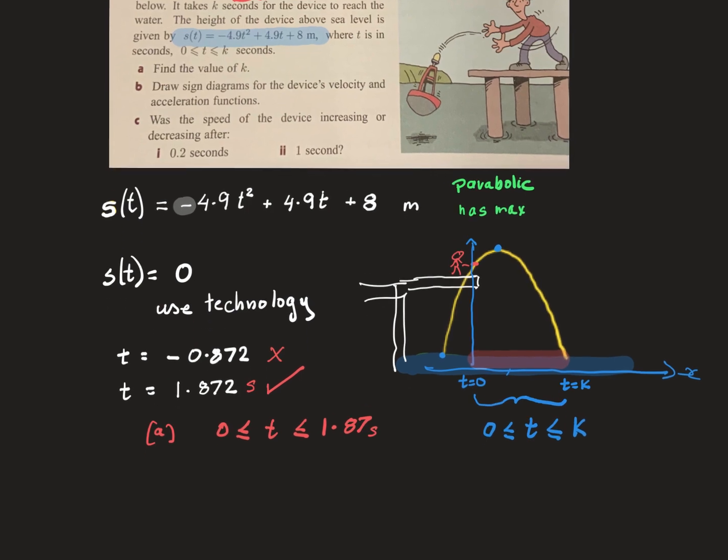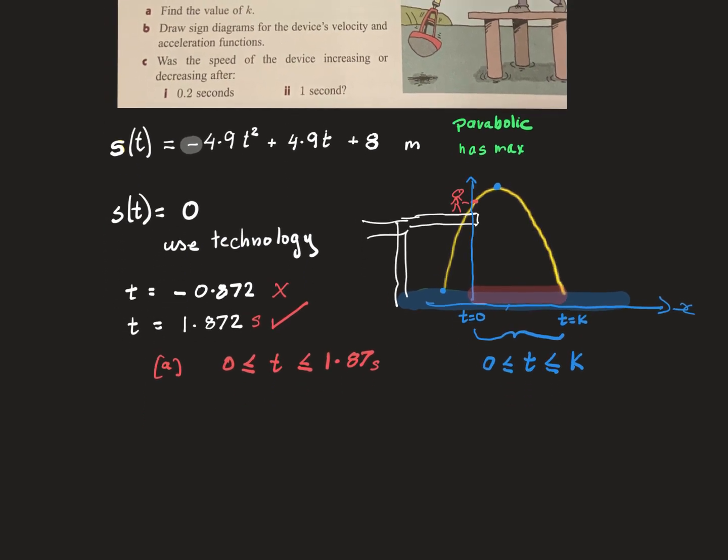And the next part is to draw the sign diagrams for velocity and acceleration. We need to find then velocity, and velocity is done by differentiating that displacement function. To draw the sign diagram, we need to put this to 0, and so it's easy now to see.